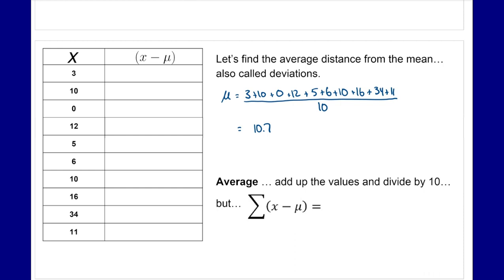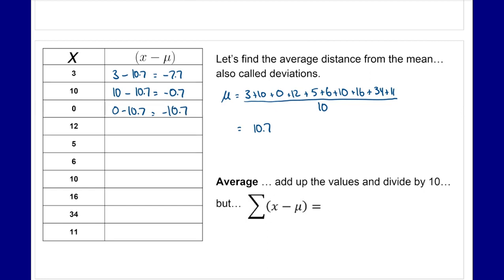So now we want to find the distance between the two. So if we take our value, 3 minus 10.7, we get negative 7.7. And we're going to go through and do the same thing for every value. 10, or our data point, minus the average, so negative 0.7. 0 minus 10.7 equals negative 10.7.